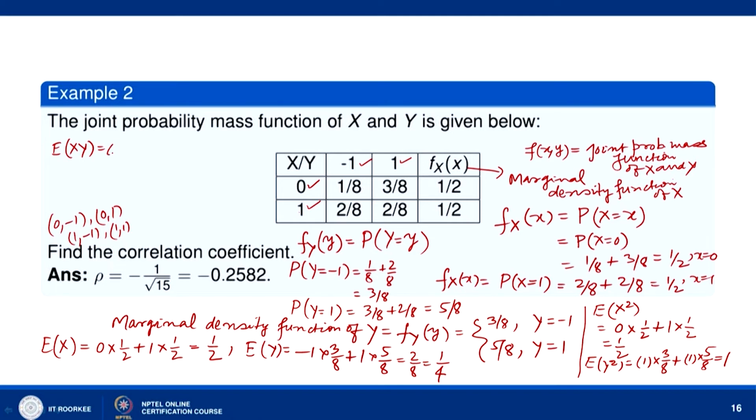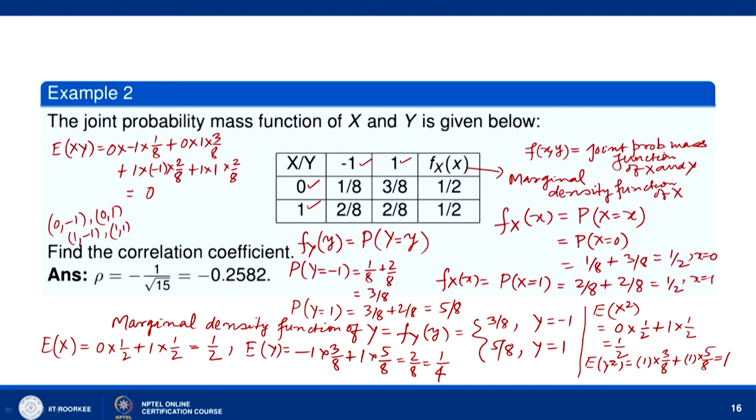So 0 into minus 1 multiplied by 1 by 8, then 0 into 1 multiplied by the joint probability 3 by 8, then 1 into minus 1 multiplied by 2 by 8, and then 1 into 1 multiplied by 2 by 8. So how much is this? This is 0, this is 0, and here we get minus 2 by 8, here we get 2 by 8. So the expectation of x y is equal to 0.